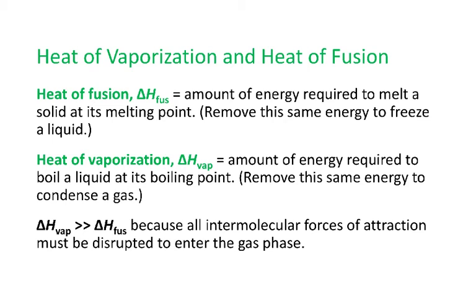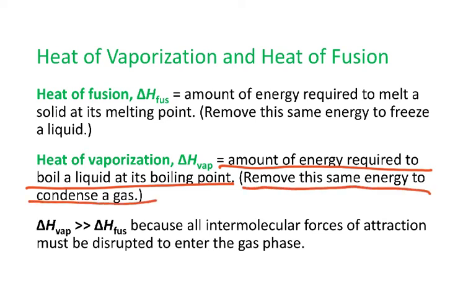And the amount of energy required to freeze a liquid is the same amount that you would have to remove to freeze. So again, these processes are reversible, right? All right, the heat of vaporization is then just the amount of energy required to boil a liquid at its boiling point, or the amount of energy needed to be removed to condense a gas.